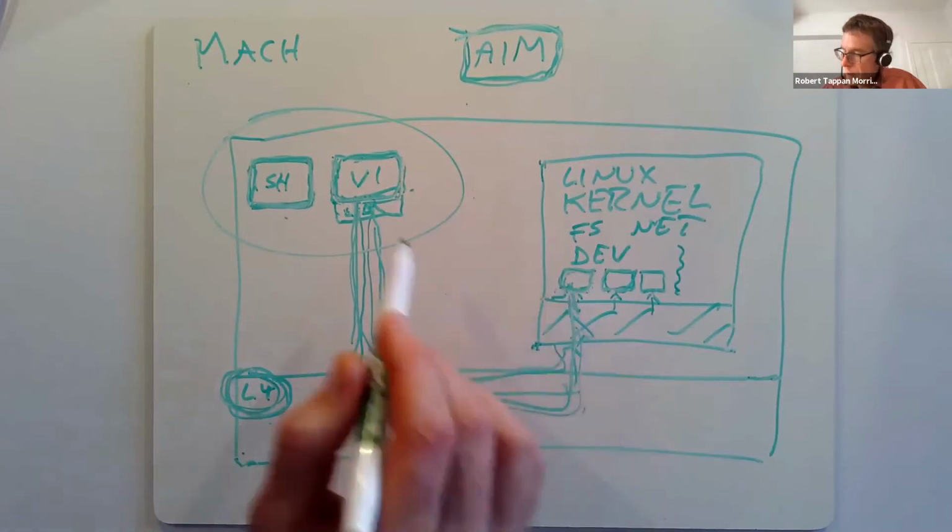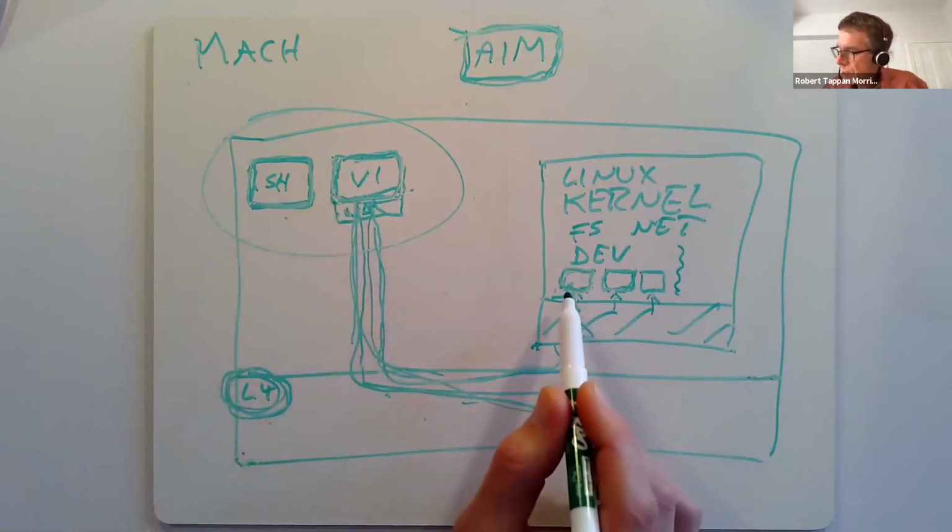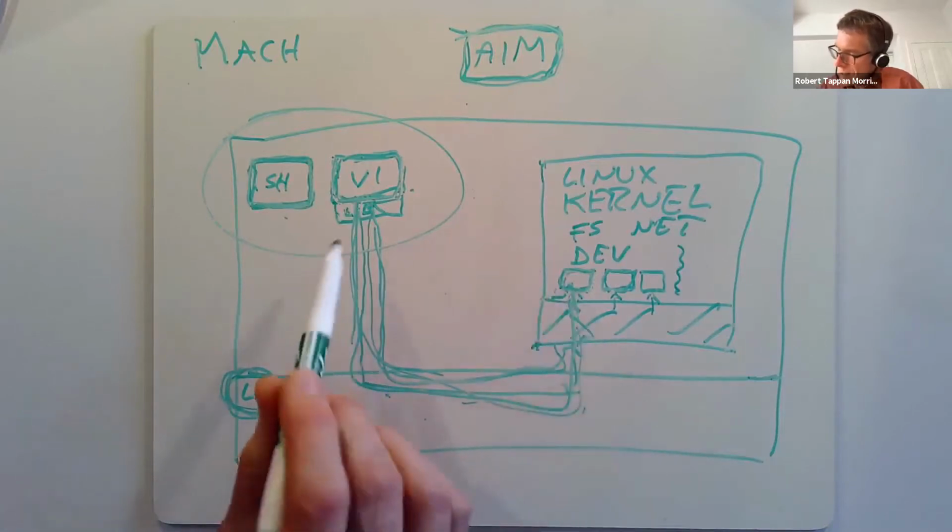And that at least would make it simpler to look up virtual addresses passed as system call arguments, like to read. The reason why this worked out poorly, there were a bunch of reasons.